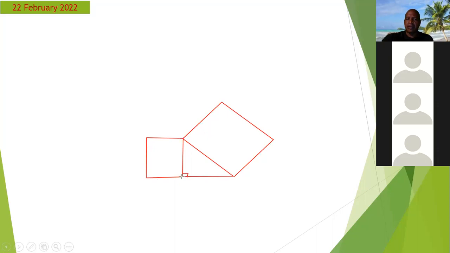Now we're going to construct the base of the triangle into a square. So it means that our sides must be equal to the side of the triangle that you're using to do the construction.